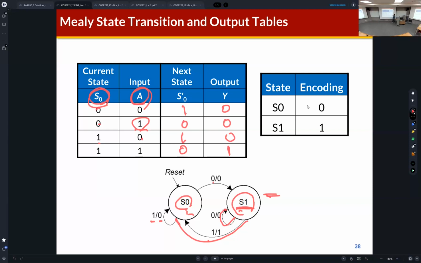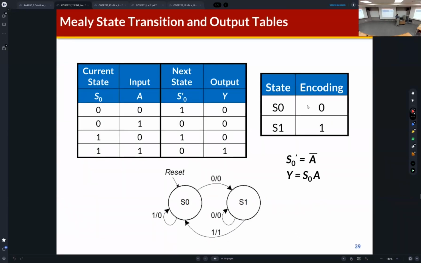So in the Mealy FSM, we define the next state and output as functions of the current state and input. So this is the result. The next state logic is like this, and this is the output logic.